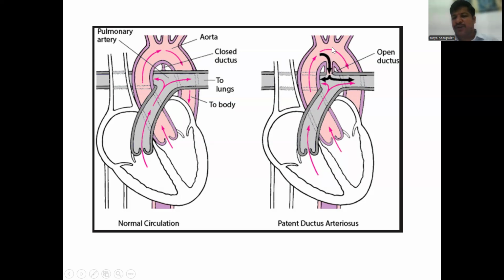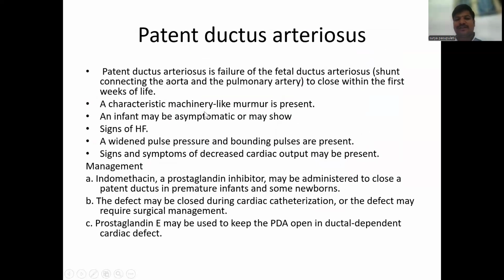The blood from the aorta moves into the pulmonary trunk, and that causes increased blood flow to the lungs. The child with patent ductus arteriosus manifests with a characteristic machinery-like murmur.